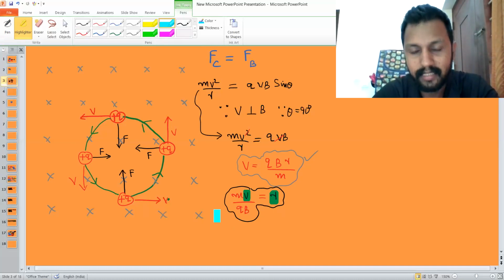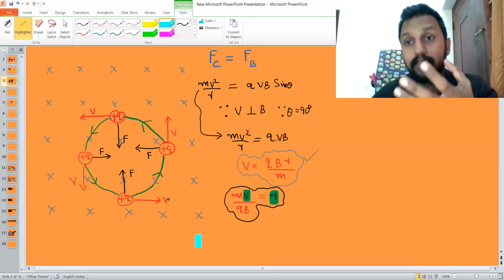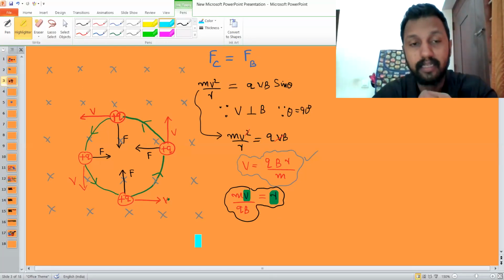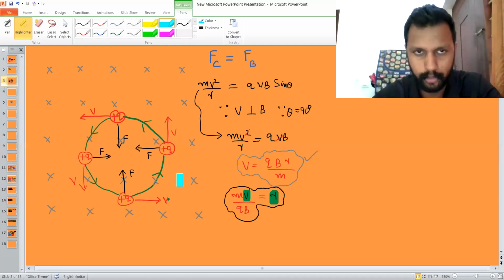Therefore, it's clear that radius is directly proportional to velocity. Radius is directly proportional to velocity means that if the velocity of the particle is increasing, the radius will also increase, or if the radius is increasing, the velocity will also increase.